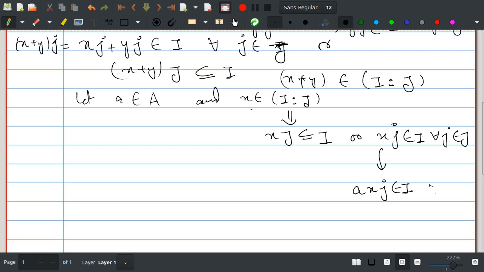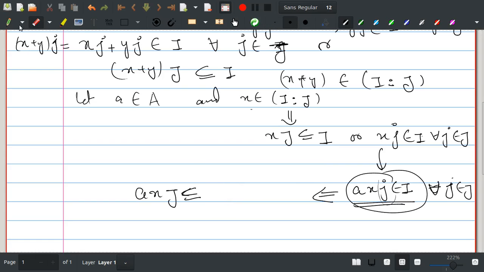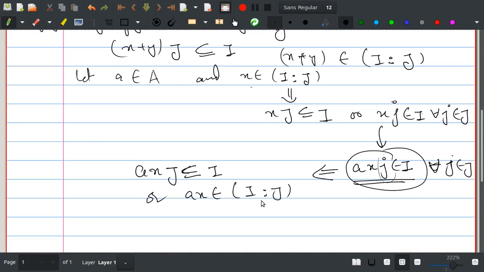So this is an element of I for all j in J. So this will imply that a x J is contained in I, because this expression is true for all little j in J. So ax is contained in I colon J, that means I colon J is an ideal.